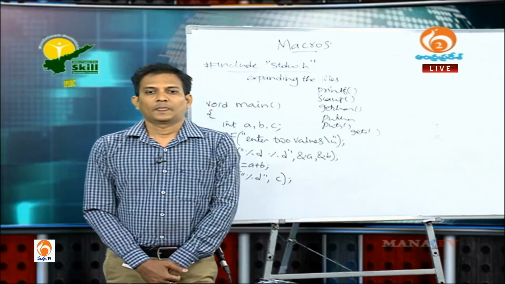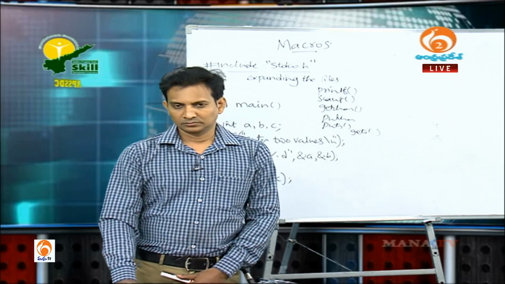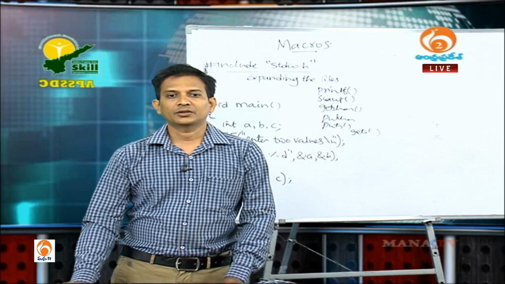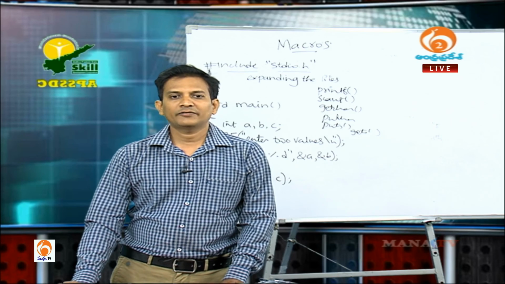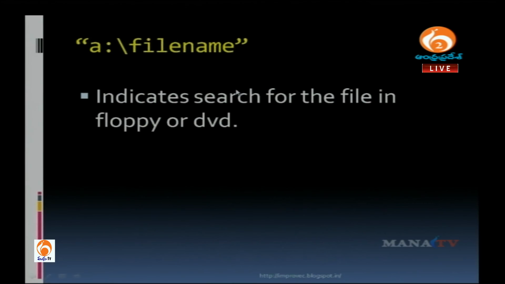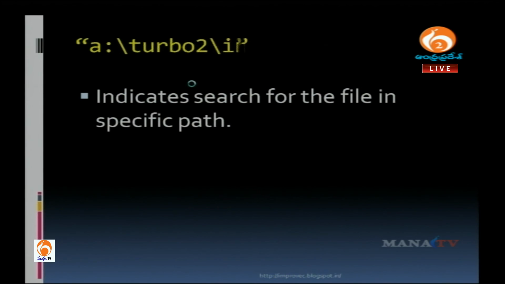Next, A colon file name means it searches in another drive, floppy or DVD or CD. A colon turbo include file name indicates to search for the file in a specific path.